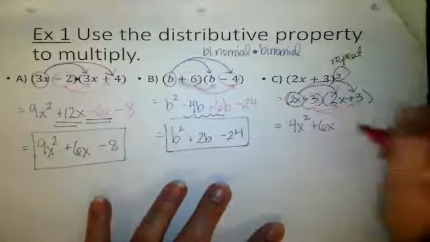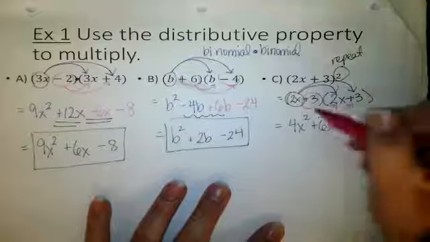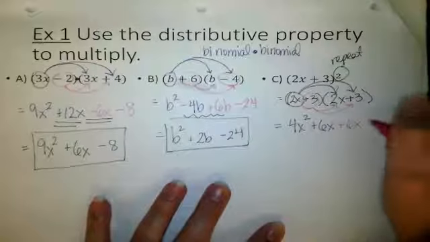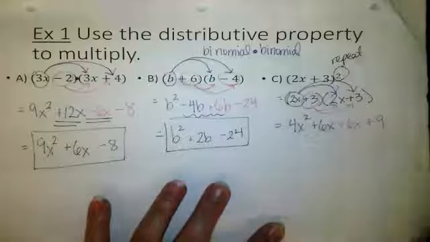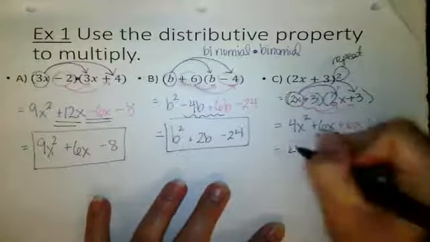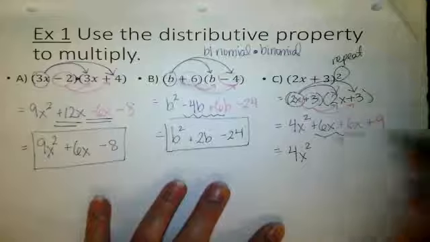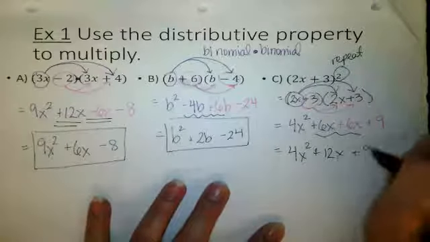So 3 times 2x, another positive 6x. And 3 times 3, positive 9. What's the last thing we need to do? Combine like terms, simplify, same thing. So 4x squared. What is a 6x and a 6x? 12x's. And the plus 9.